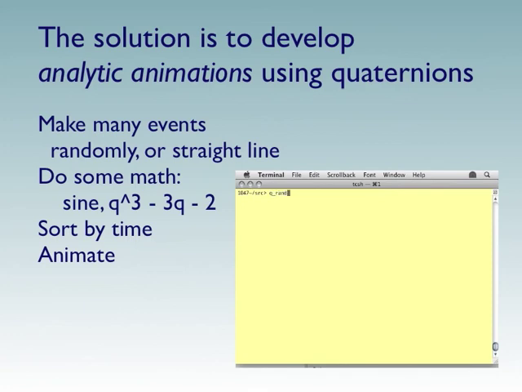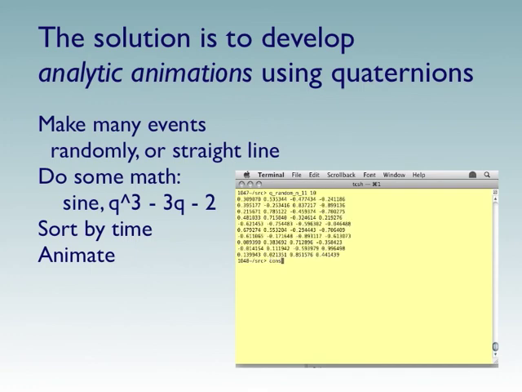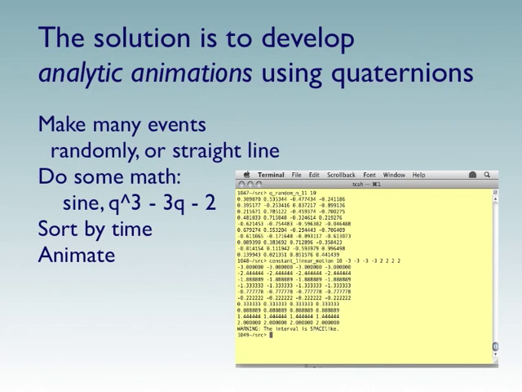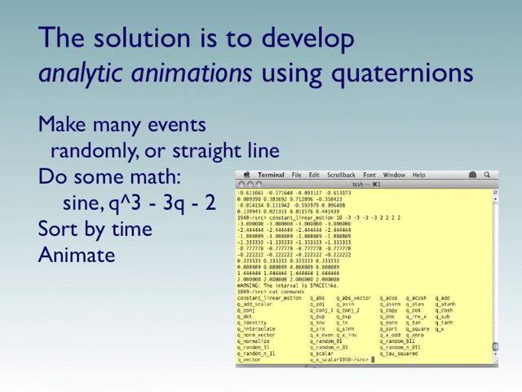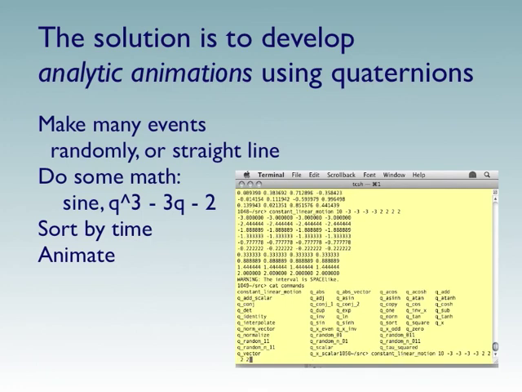We write out something like Q random n and say, give me 10 of those sorts of things. Or I actually use constant linear motion even more often. Give me 10 things from -3, -3, -3 to 2, 2, 2. And then I have a whole bunch of commands that I've written, and we can pipe these together.